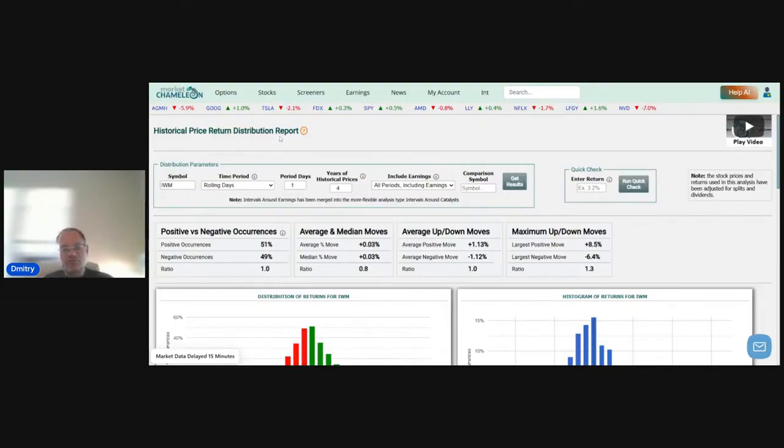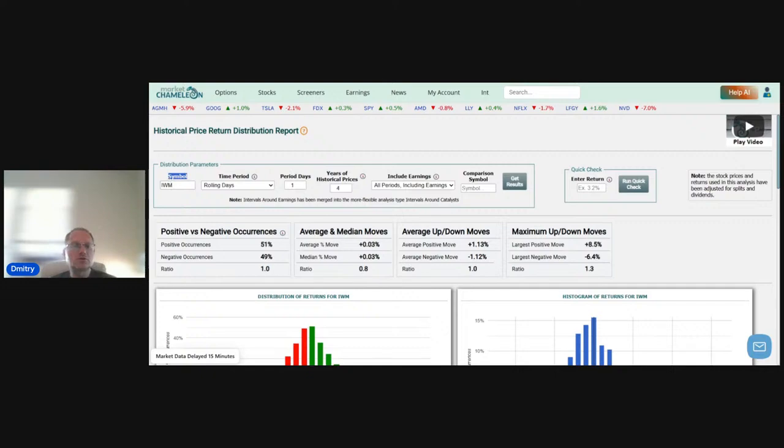What we're going to do is type in a stock symbol, and then try to get insights around how that stock performed anchored to a catalyst event, which is earnings in this situation. So let's first type in a symbol, and we'll use Tesla.